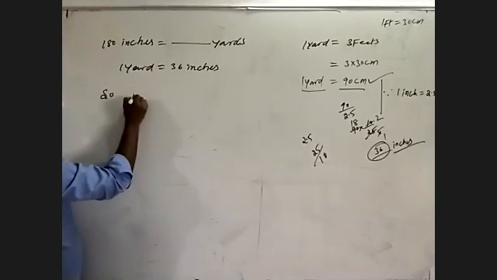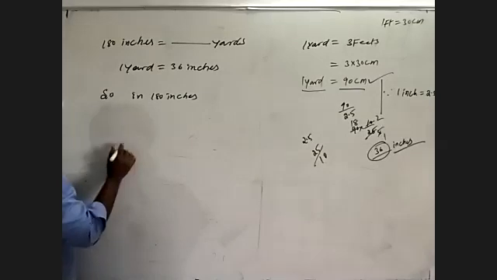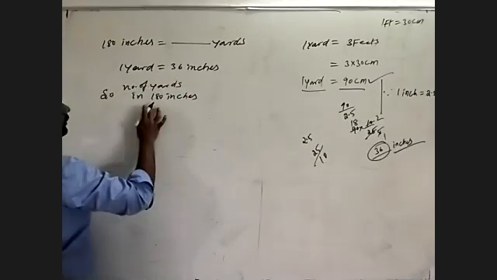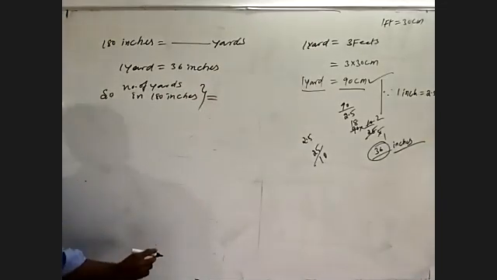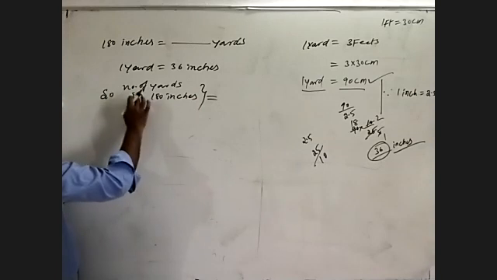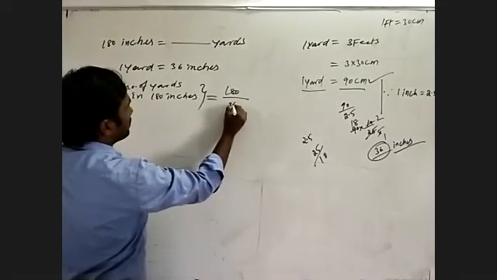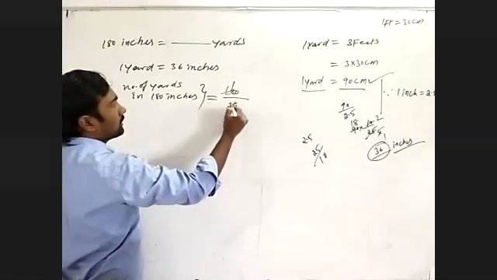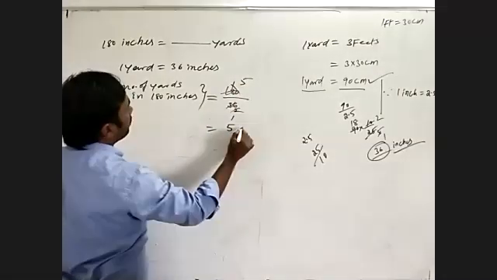So the number of yards in 180 inches is equal to 180 inches by 36 inches. So 36 fives are 180. So 5 yards.